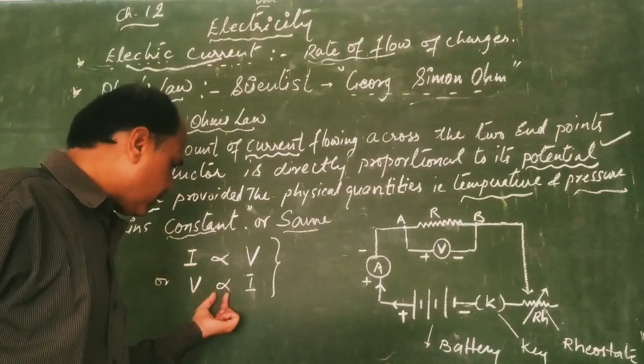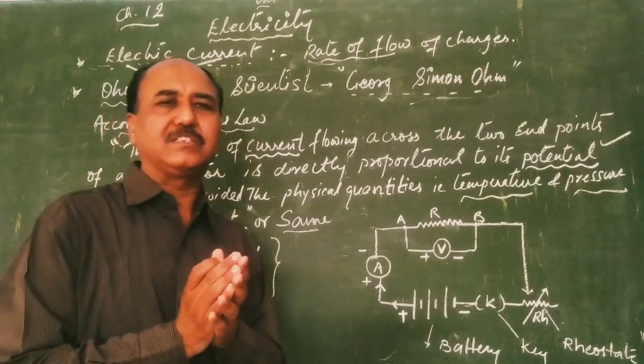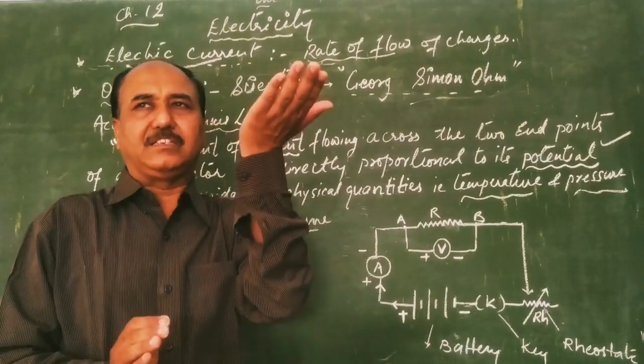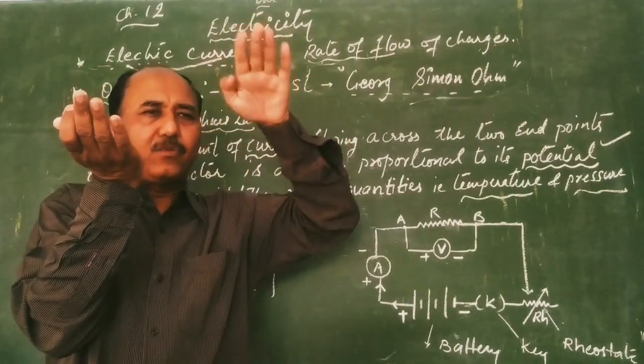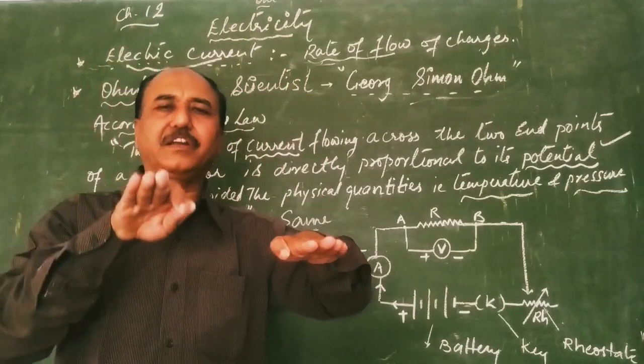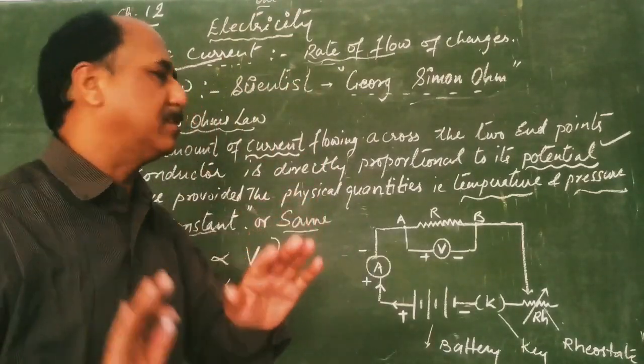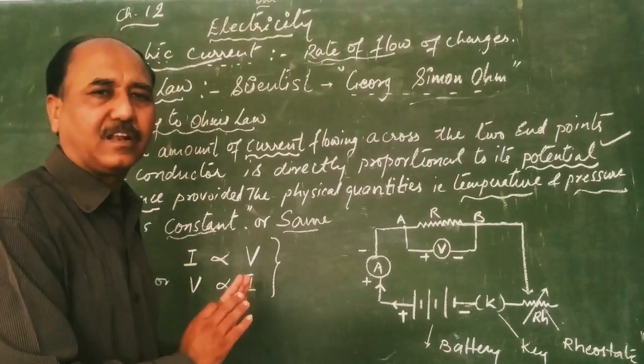It means when one quantity increases, the other quantity also increases. If one quantity decreases, the other also decreases. This is the meaning of directly proportional.